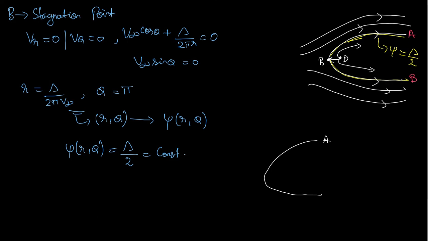I'll call this C. So this is my A, this is my B, and this is my C. It is extending to infinity like this. So this is the kind of streamline that we get when we superimpose a source flow along with a uniform flow.